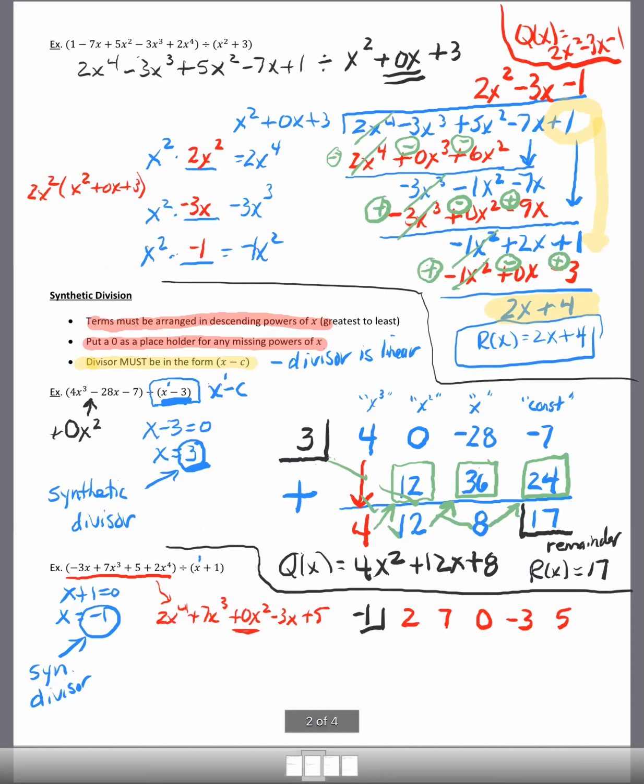We know we're going to add our columns up in the end. And in order for us to get started on this problem then, we're going to allow the value of 2, which is the leading coefficient of the polynomial, to come down and start us off. So now we have -1 times the 2. That will fill in the space in the second column here. And -1 times 2 happens to be a -2.